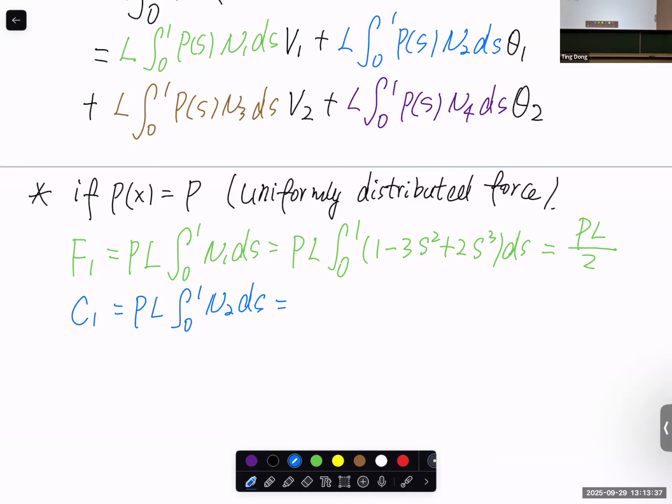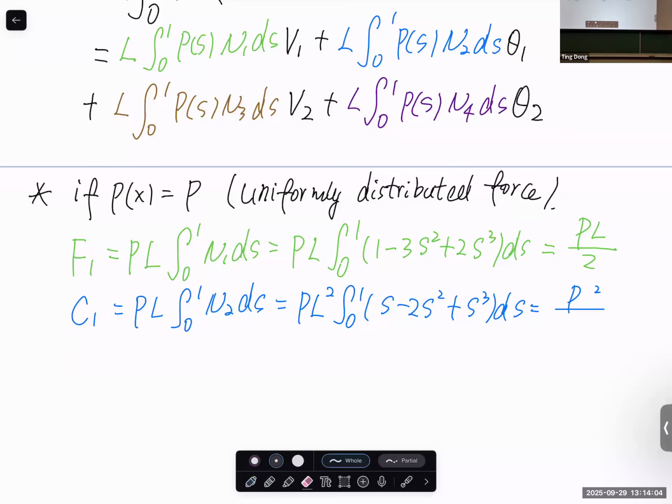For the shape function N2, it already has L in it, so it becomes PL squared times the integration from 0 to 1 of the expression in s, which gives L over 12.